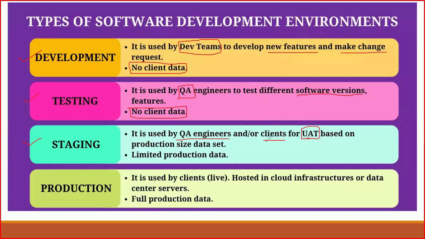So before getting the final approval, we need to go to the staging environment and test the application, or else we need to ask the client to test the application or the features, whatever that our team developed and tested. So that if the client got satisfied and if everything is working fine in the staging environment, then only they are going to move that code to the production environment.